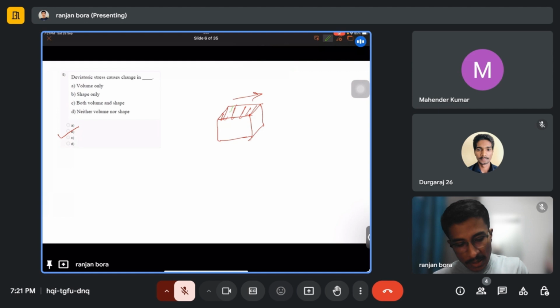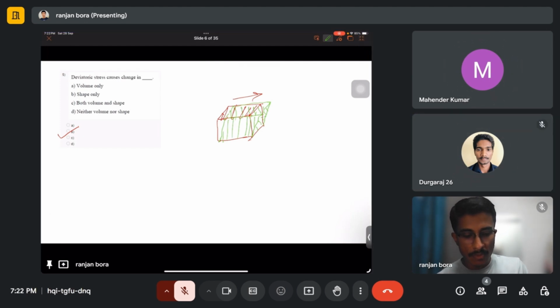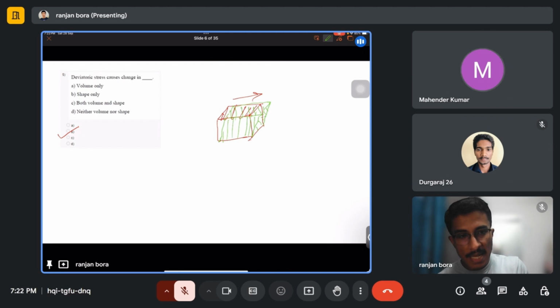After applying, the block will get deformed in this direction. This stress is known as deviatoric stress, because when this block gets deformed, there is no change in volume. There is only change in the shape. The red one is the initial and the green one is the final after applying this force.